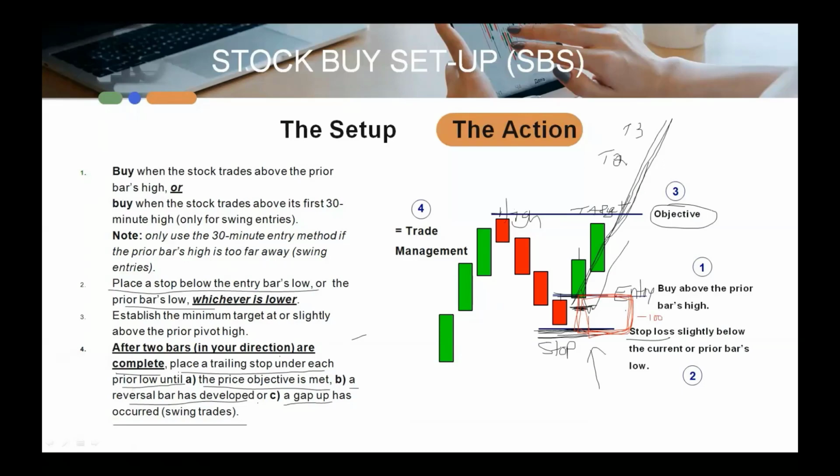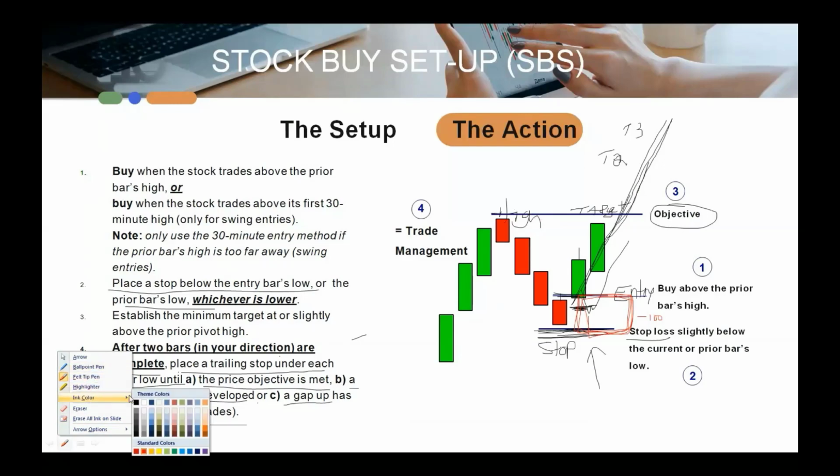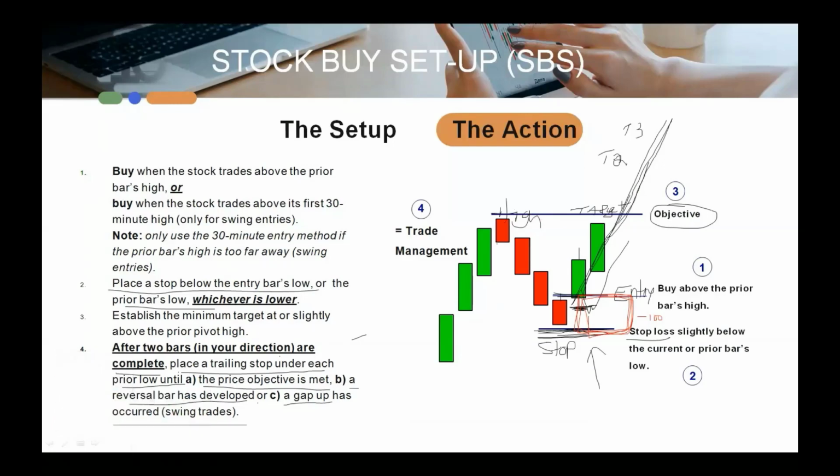If we're risking one, we should have at least a 2-to-1 or 3-to-1 at target number one, at a minimum, to qualify this trade, which we're going to be talking about as well. So I'll do this in green for profit. This is target number one, which should be at least a minimum of 2 to 1, 3 to 1, give or take. So you see how at target objective number one we have a higher reward on said risk. And then if we hit target two and target three, what's happening to our targets?